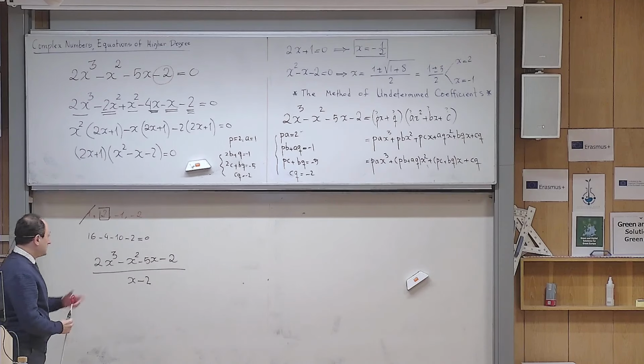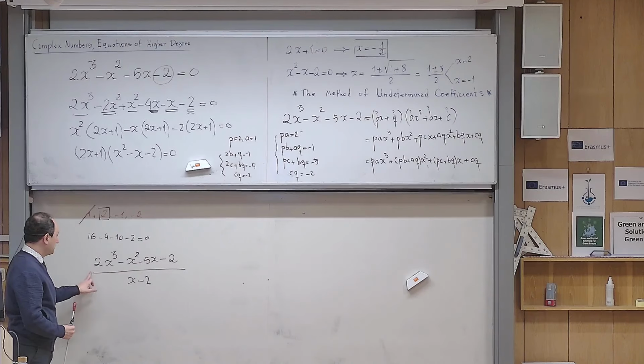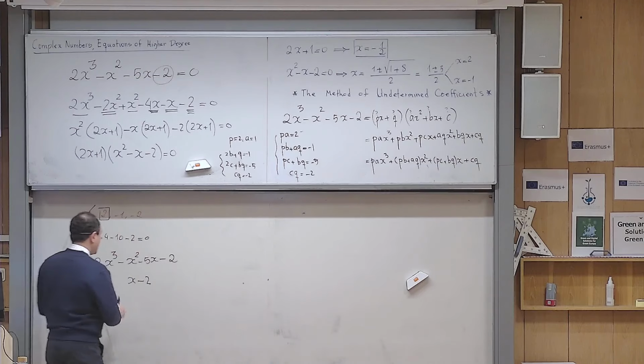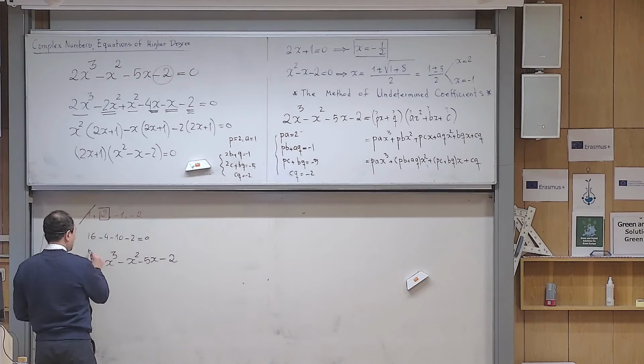But this is not the symbol that we want to use. In American books, the symbol is different. I will follow the symbol in Swedish books. So the symbol is to take this one and write it in this way.